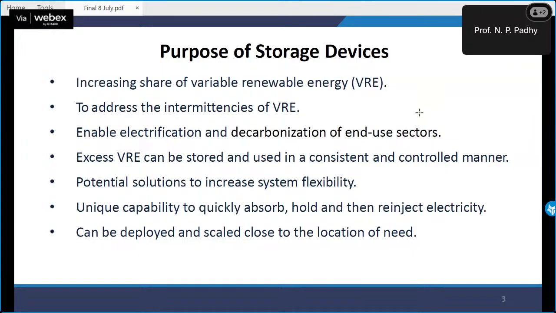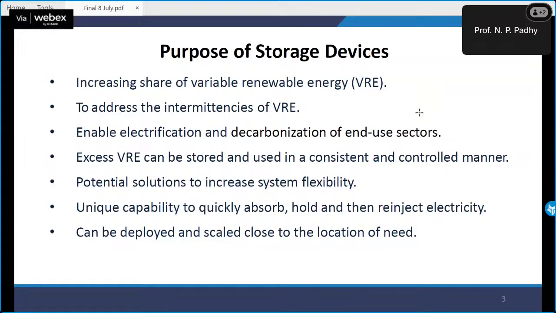So whenever there is excess energy, I can connect my battery as a load, and whenever there is less energy, I can use my battery as a generation. So that's why we call a battery or storage device a flexible device.